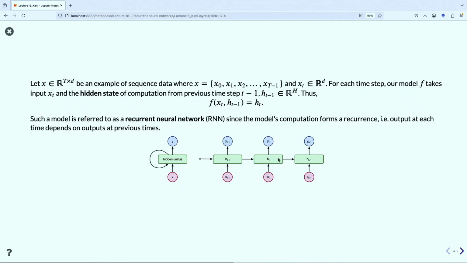You calculate a new memory state and a new output, y of t. Okay? So this is a recurrent neural network. It's named recurrent because it's basically self-referential. Recurrence, right? I know everyone's favorite concept in computer science is recursion, so you get to enjoy it here also.